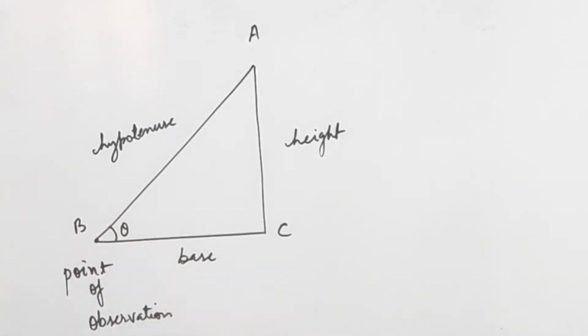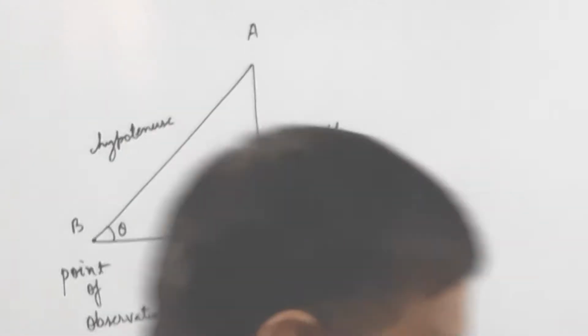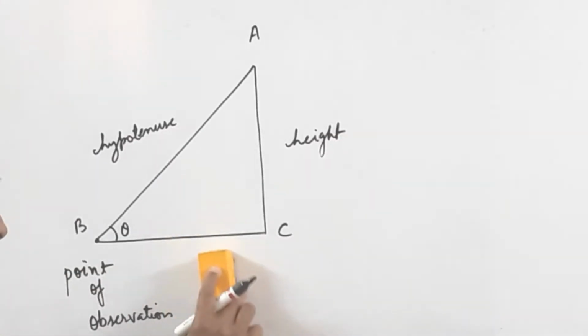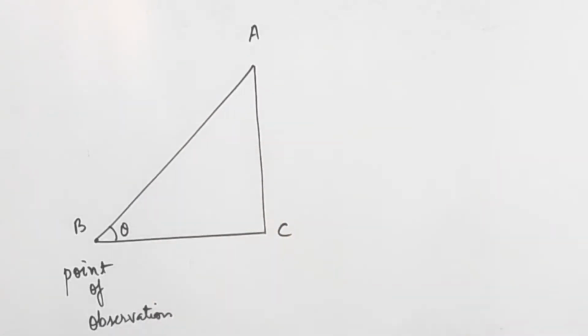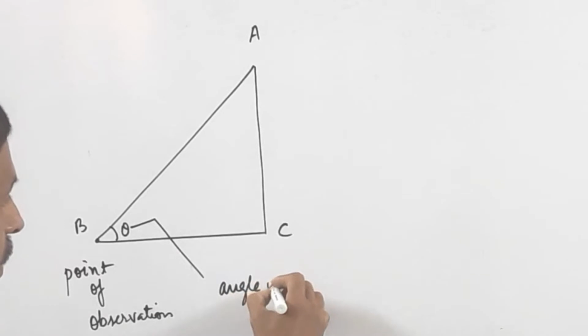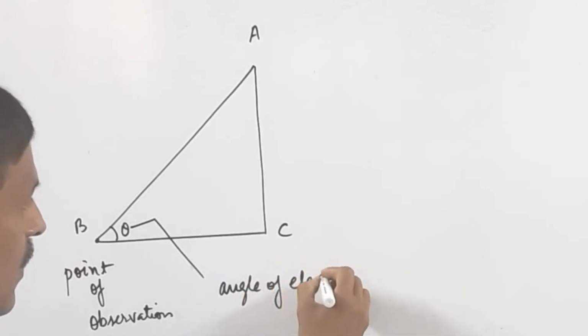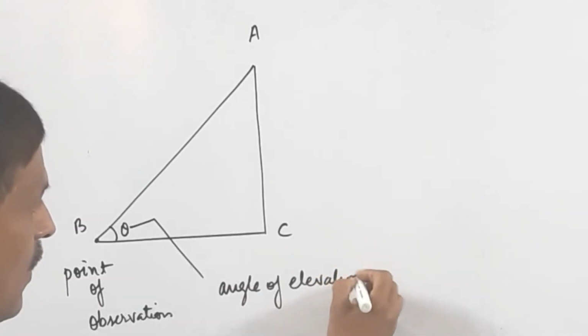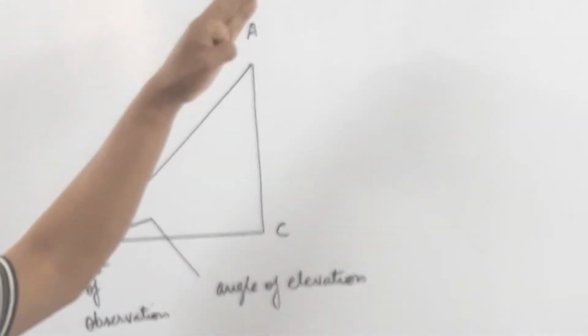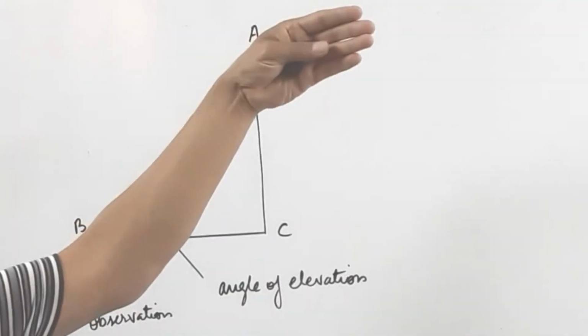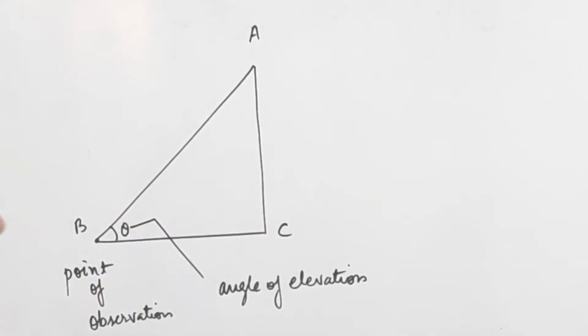So this angle theta is the angle of elevation, because from this point we are observing towards the top of something which is at a higher point.